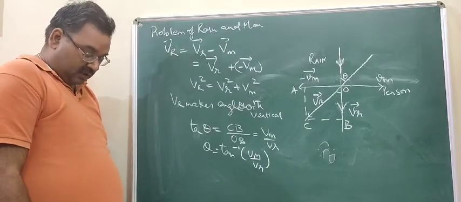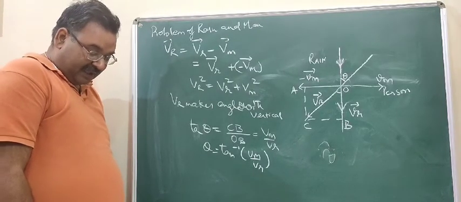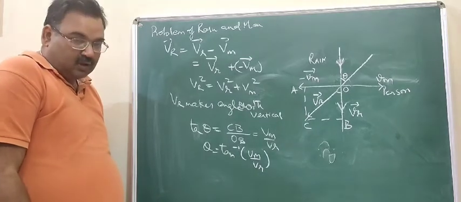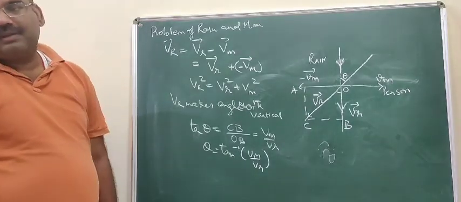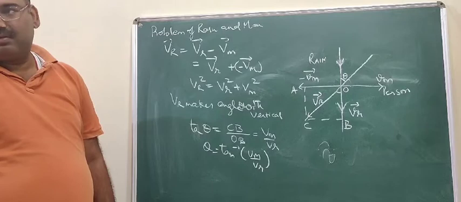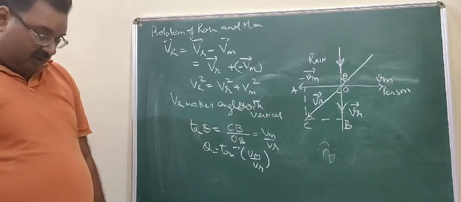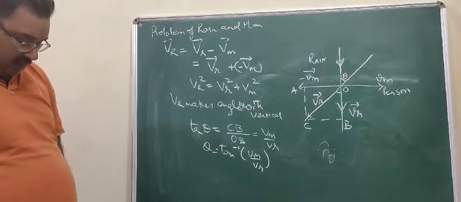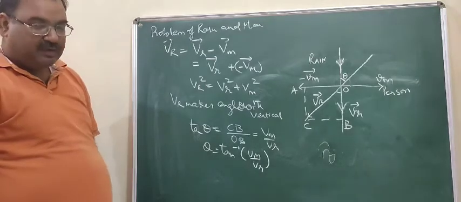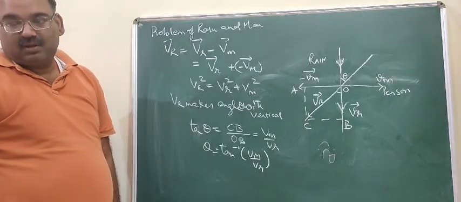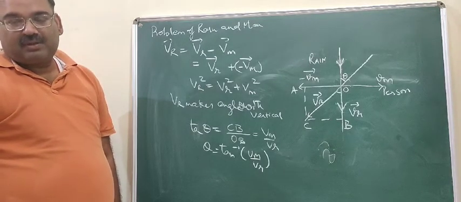Next we start with the problem of rain and man. You all know when we move, the raindrop strikes our face. So we want to know, when we are moving at a certain speed, the raindrops are striking at an angle.